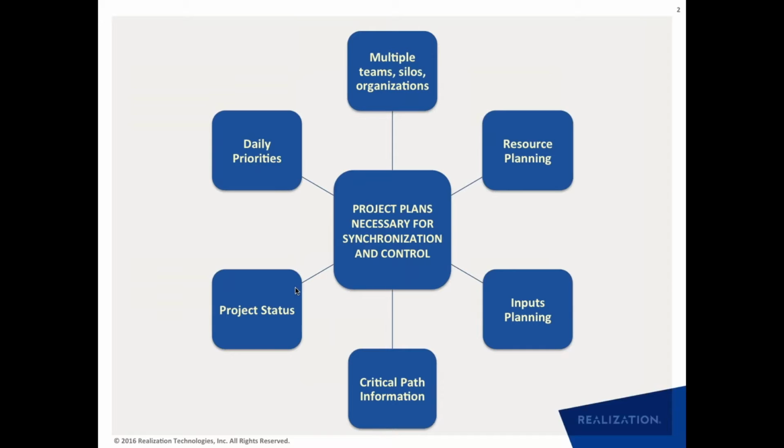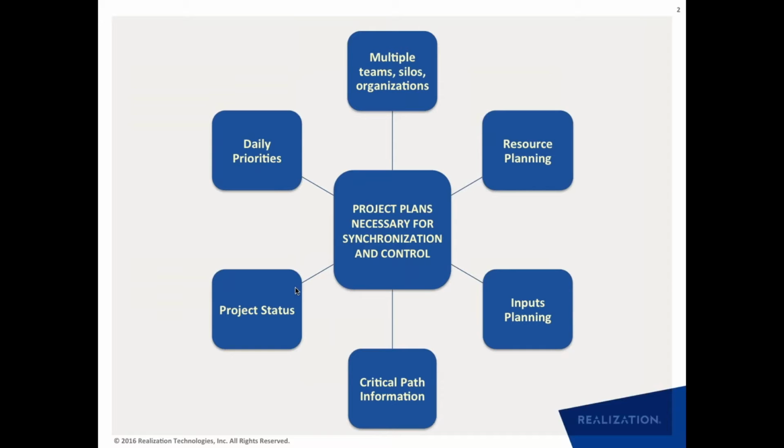The second part is, of course, the control. The information that comes out of a project plan is the resource plans, and information about the inputs that you need so that you can plan those inputs to arrive on time. You get critical path information about the project so that you can understand how long the project will take and how to shorten the project timelines.